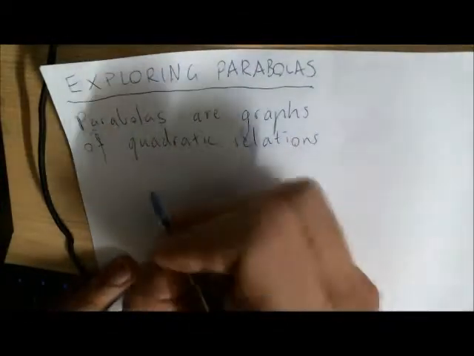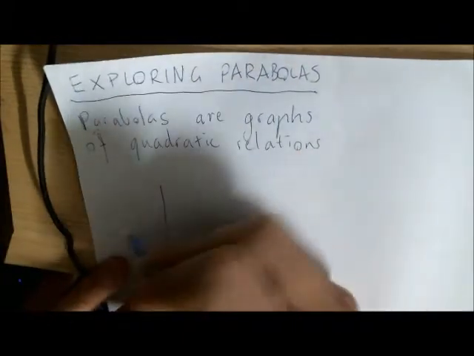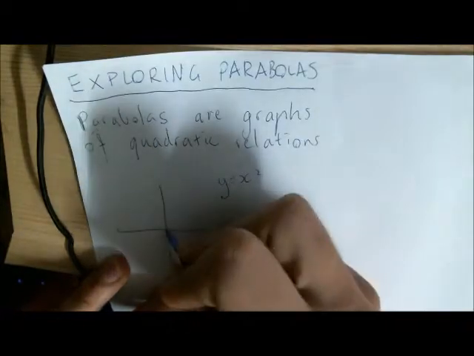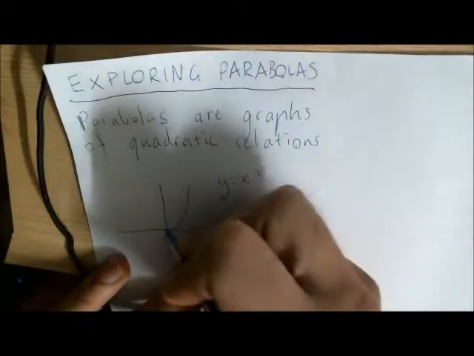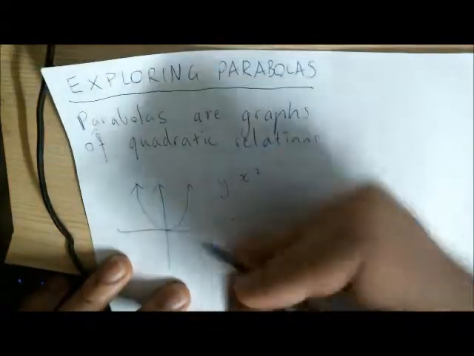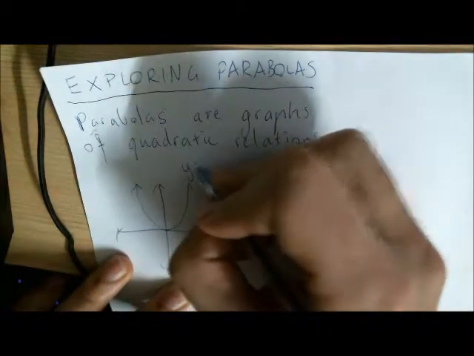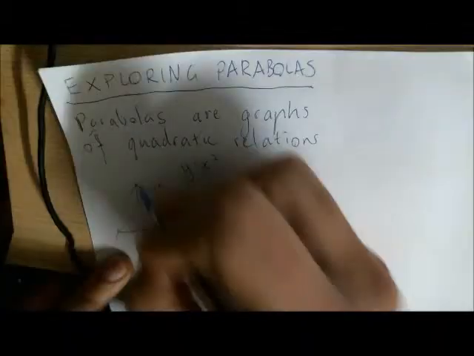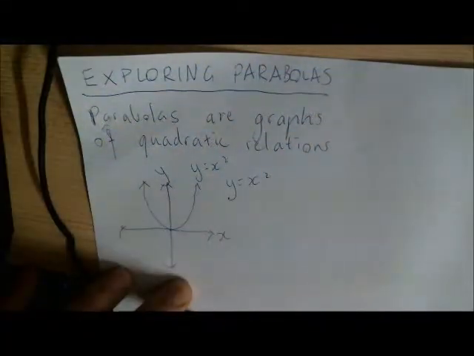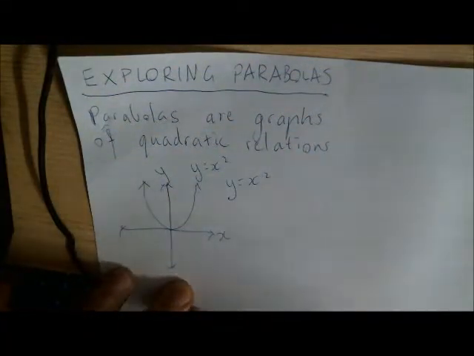So the general shape of a y equals x squared graph looks like this. As you can see, it passes through the origin and it makes a U shape.